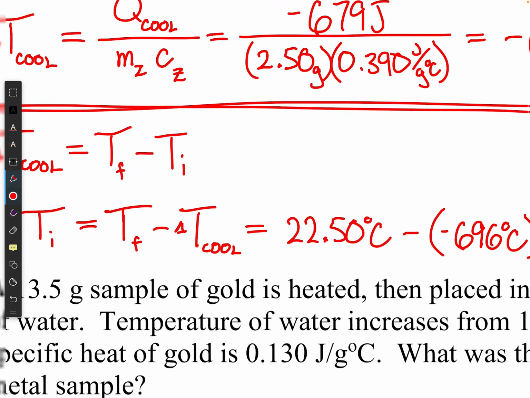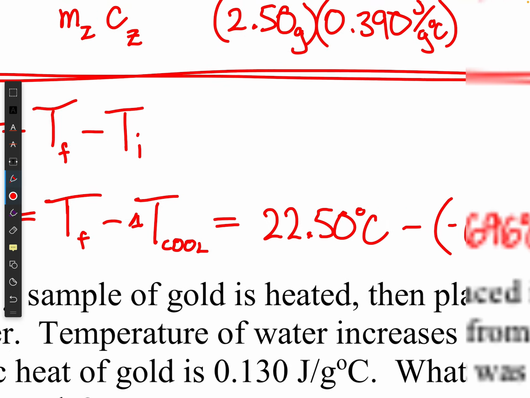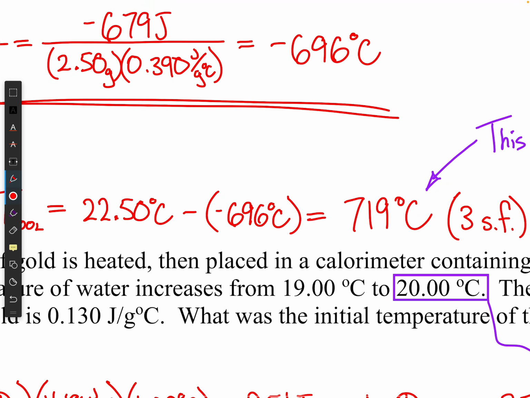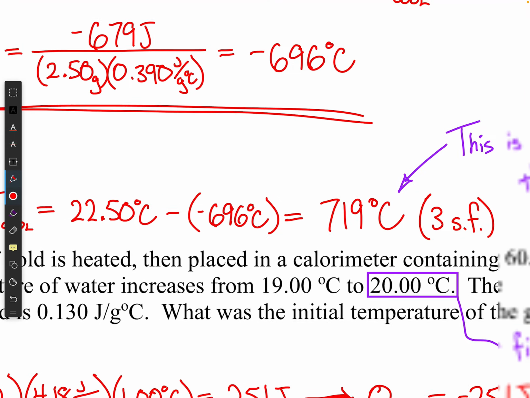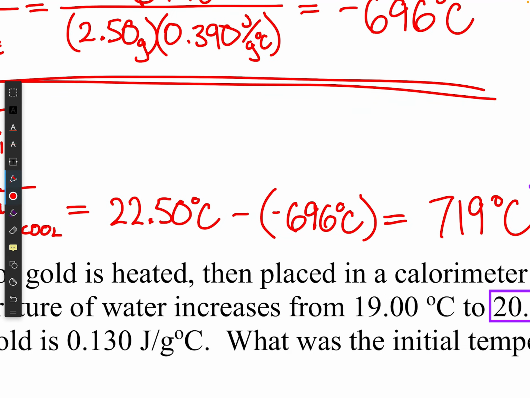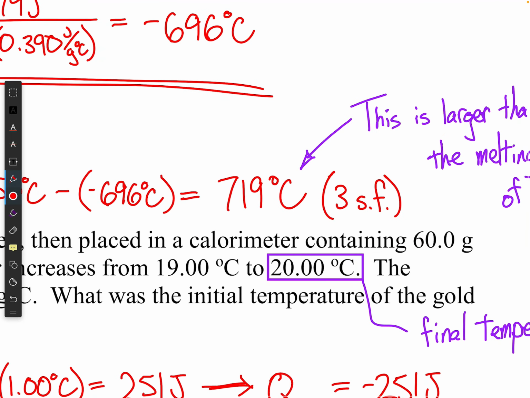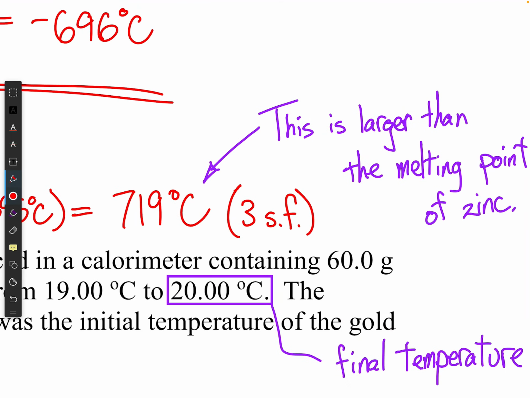Okay, so what that means is we're subtracting two negatives. What that means is we're going to add 696 to our final temperature of the system, which is 22.5 degrees Celsius.